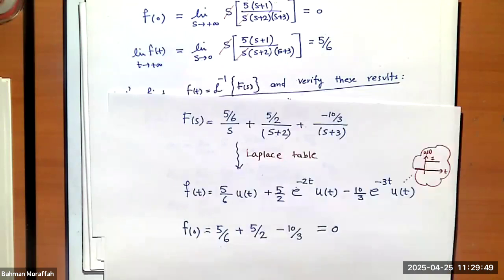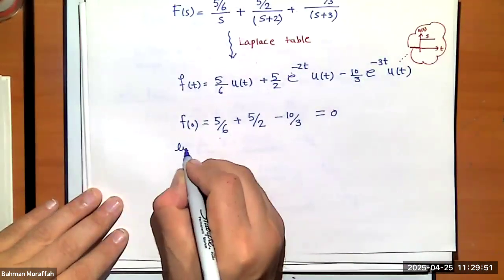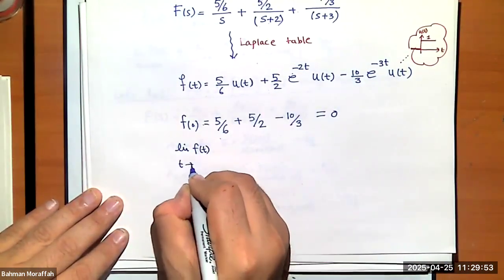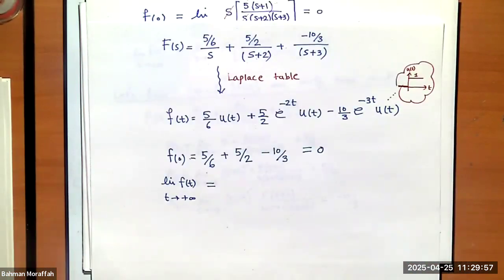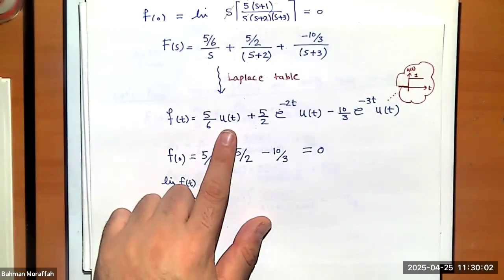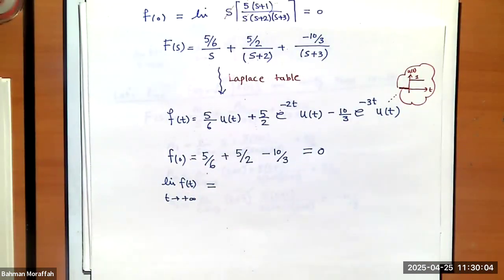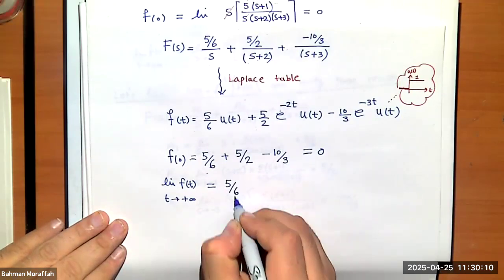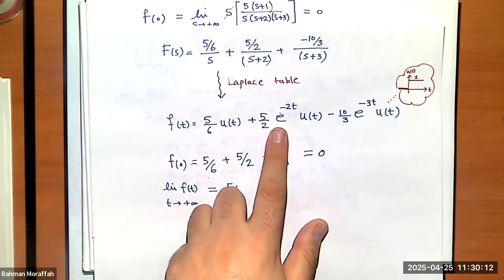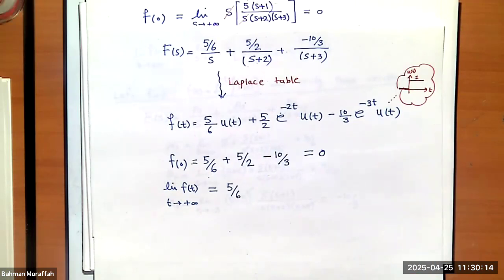How about the limit of f of t when t goes to infinity? What is that? What is the limit of 5 over 6 u of t? What is u of t at infinity? Still 1. So the first term is 5 over 6. How about the second term? It's e to the power of minus 2t times 1.